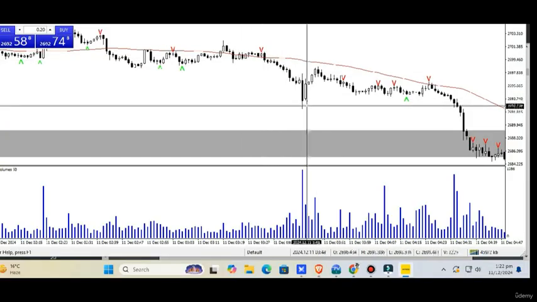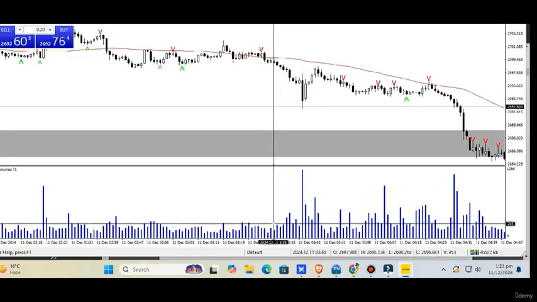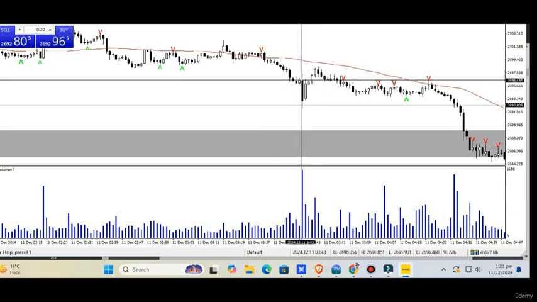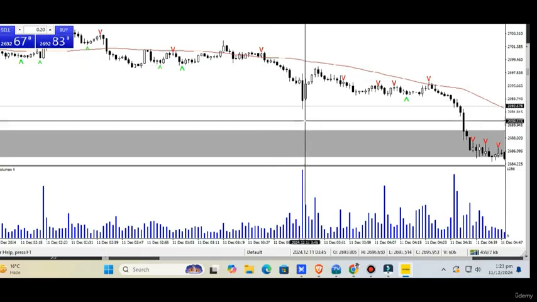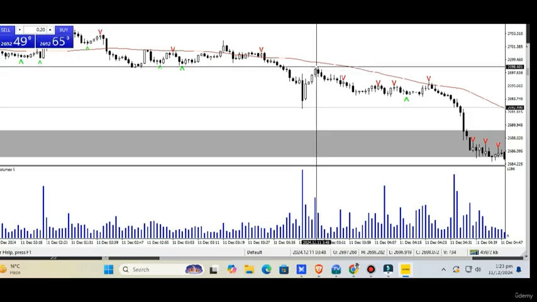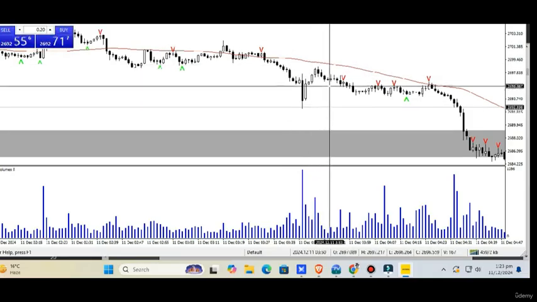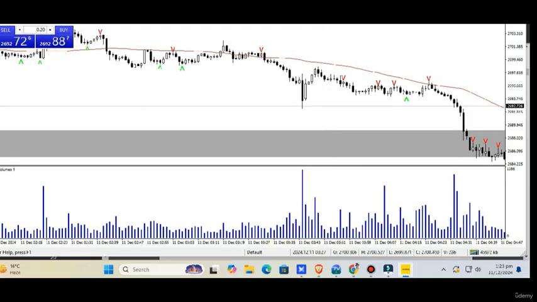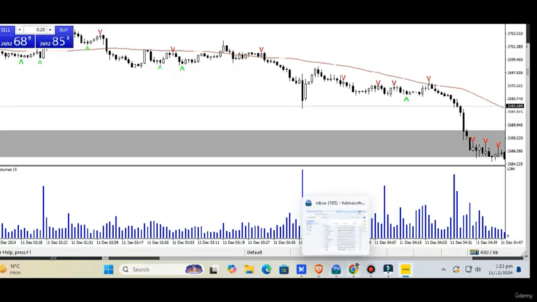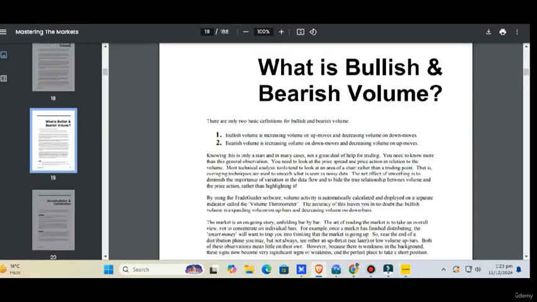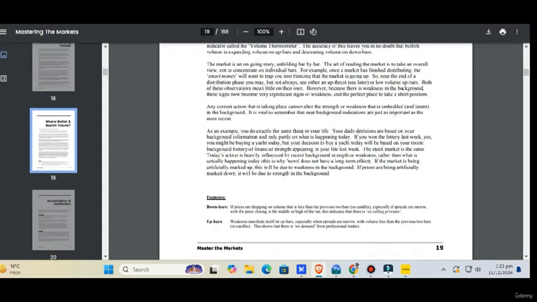So again I will repeat that volume is increasing in down moves, and volume is decreasing in up moves, and that is bearish volume. And I have explained earlier the bullish volume. So I hope these two are cleared now, and in the next video I will explain the other things.